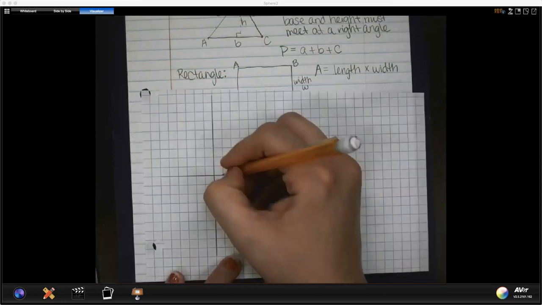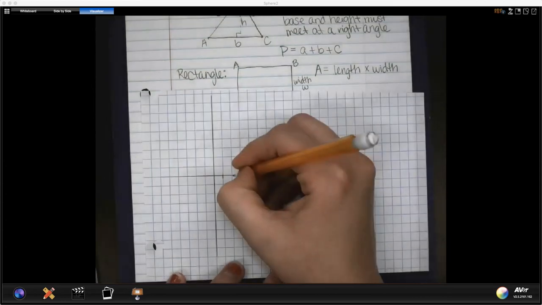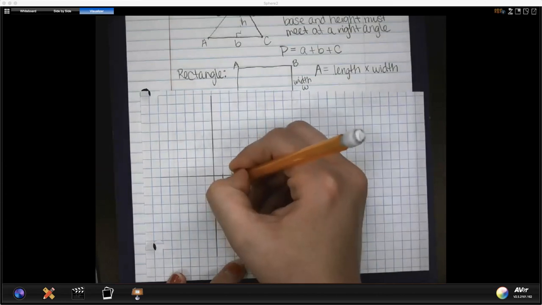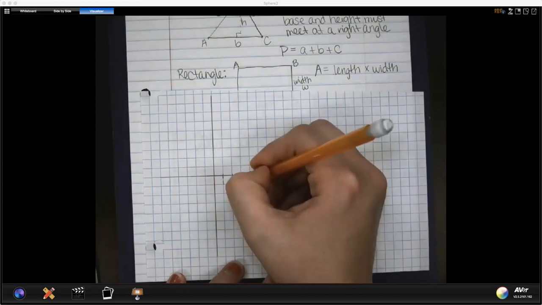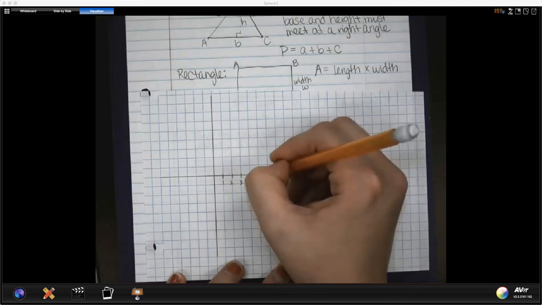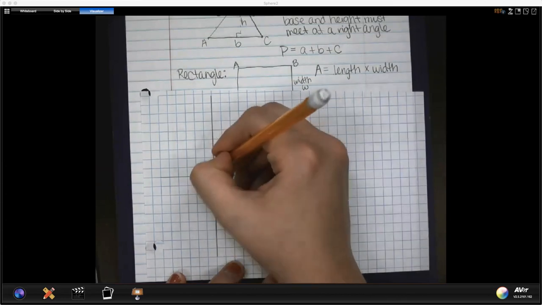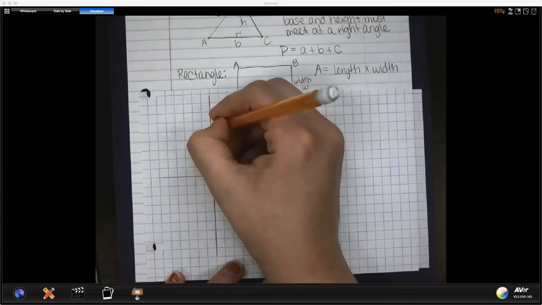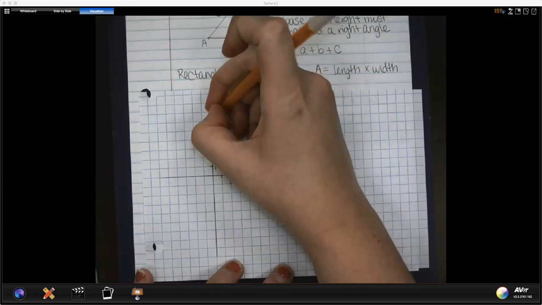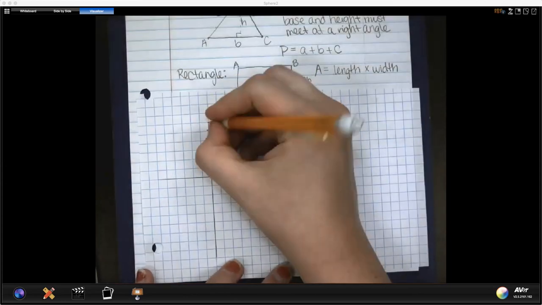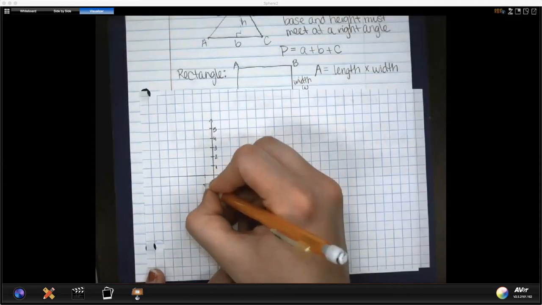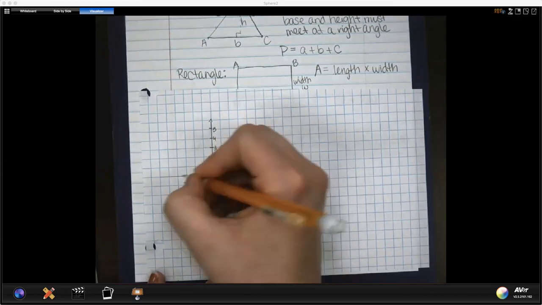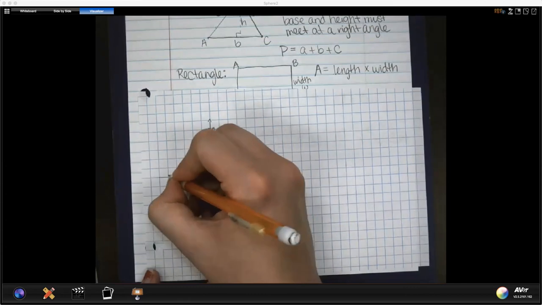And then I'm gonna go through and number my axes. This should be a skill that you know how to do as far as numbering your axes.